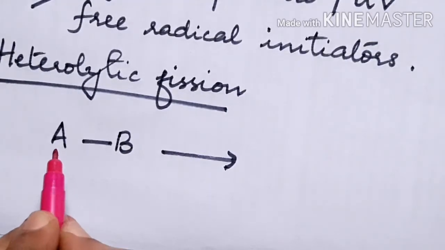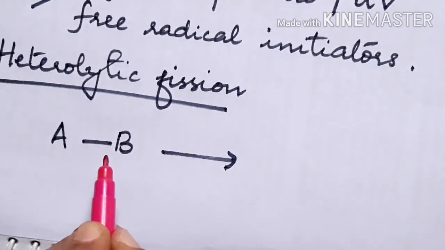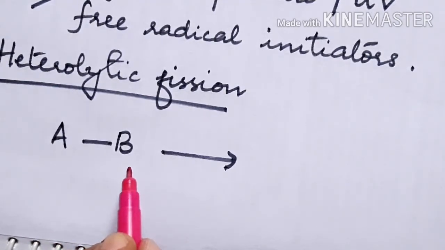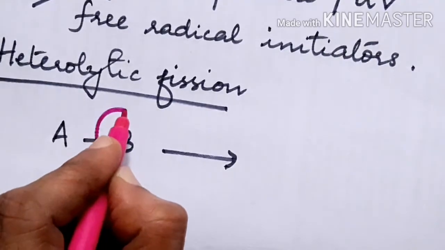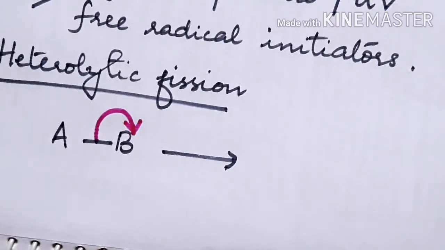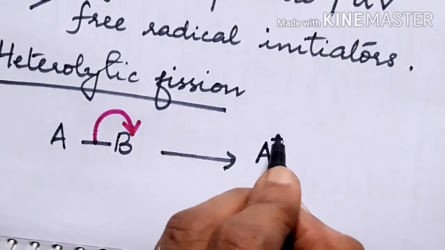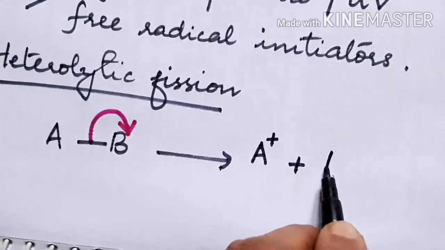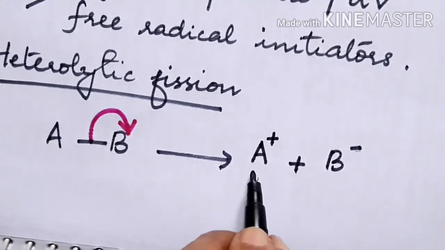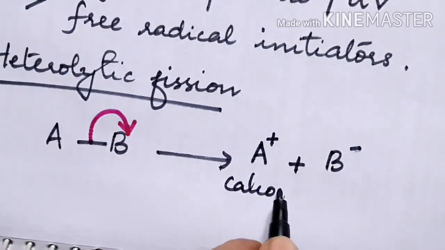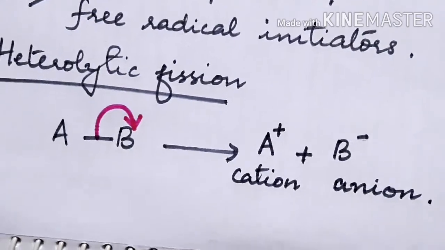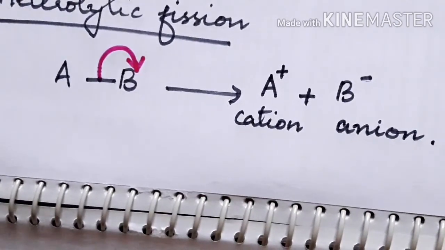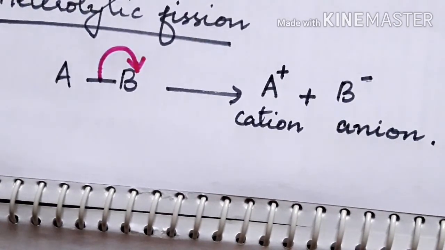If A and B are separated by a covalent bond, and if B is more electronegative than A, then B pulls the electrons towards it, making A a cation, A plus, and B an anion, B negative. So unequal distribution results in cation-anion formation.